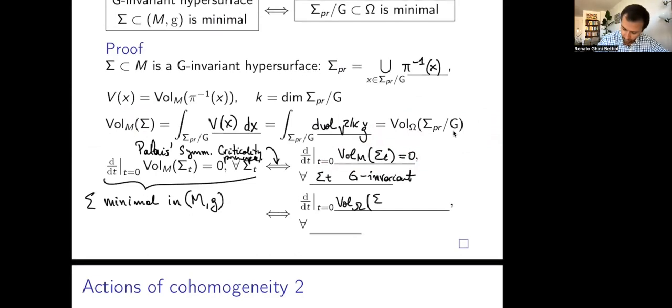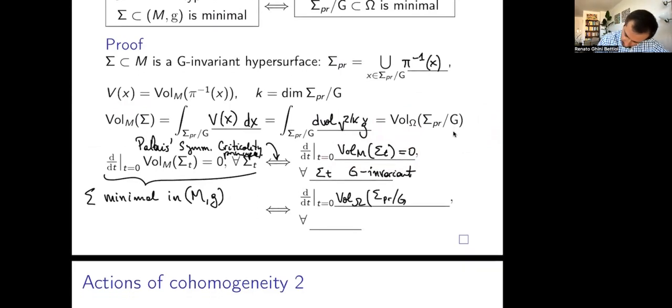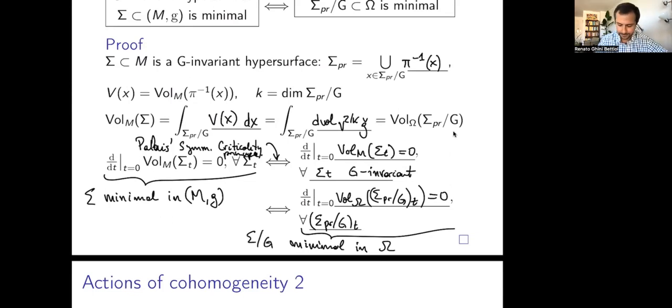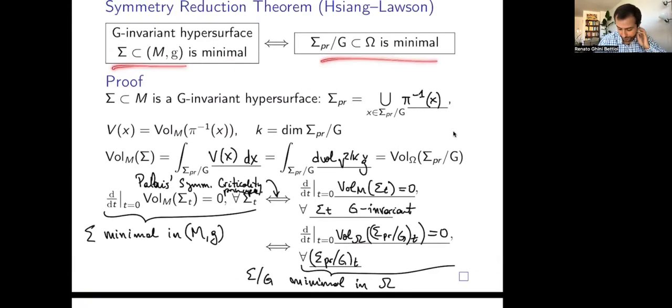So being critical when we take variations of the principal part mod G. So this is equal to 0 for all variations indexed by t here downstairs. And this is precisely what it means to be minimal in omega. So sigma mod G minimal in omega. That's this other side of the equivalence. So that shows that these two things here are precisely equivalent.